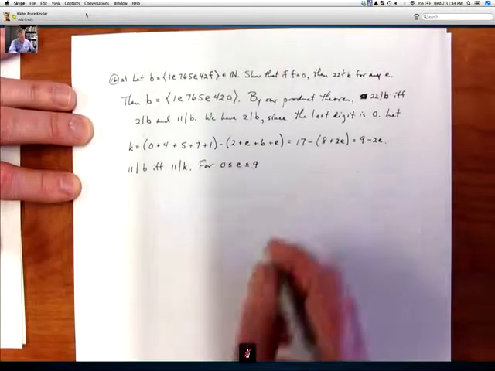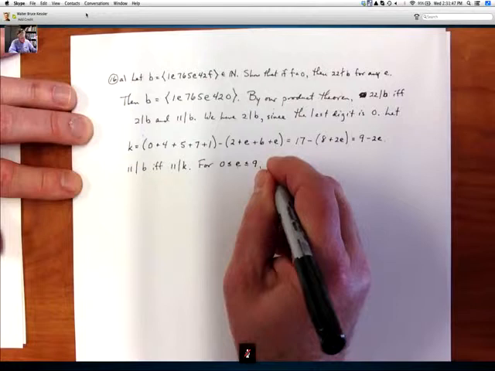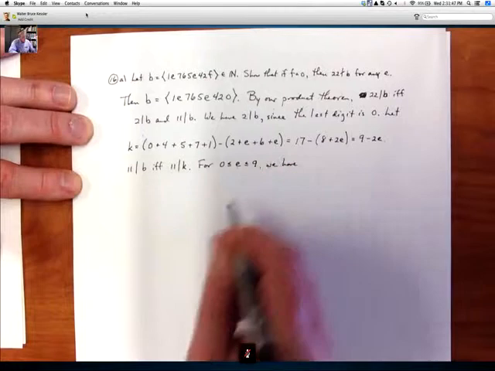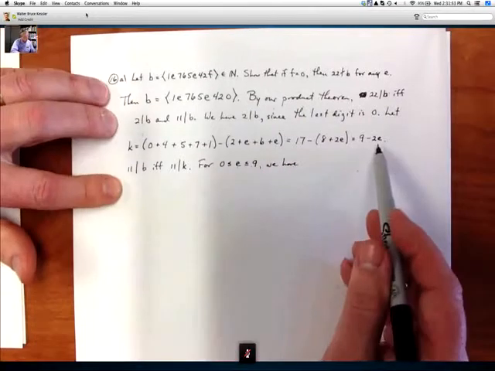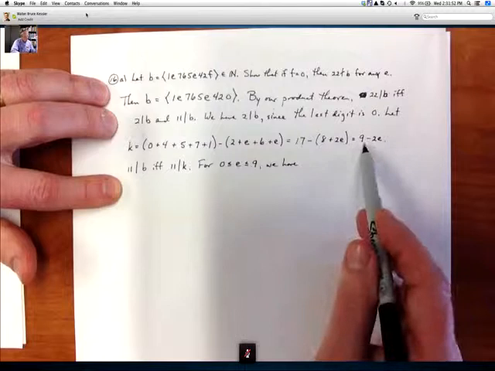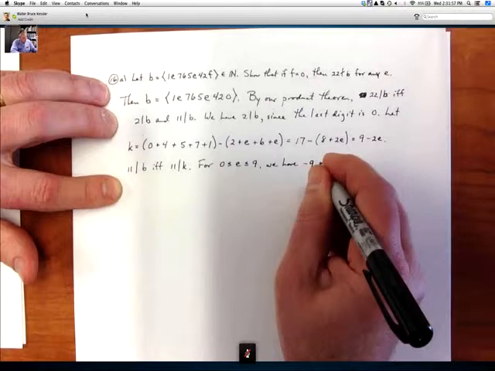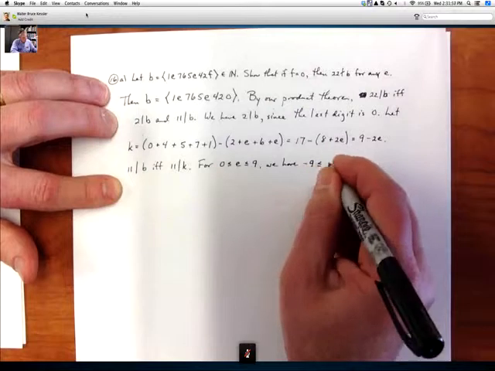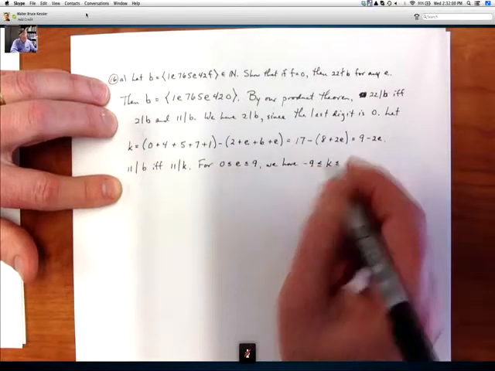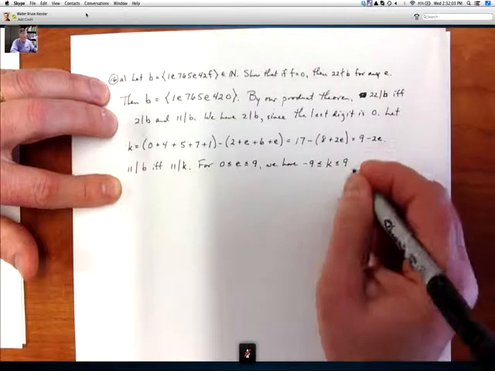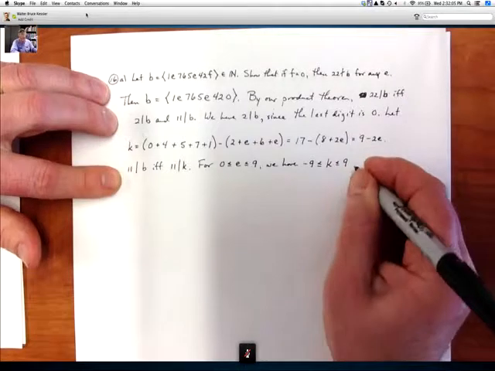For E that's ranging between 0 and 9, the smallest this could be is if E is 9, and so this is 9 minus 18, negative 9. And then the largest it could be is if this is 0, so it's 9.